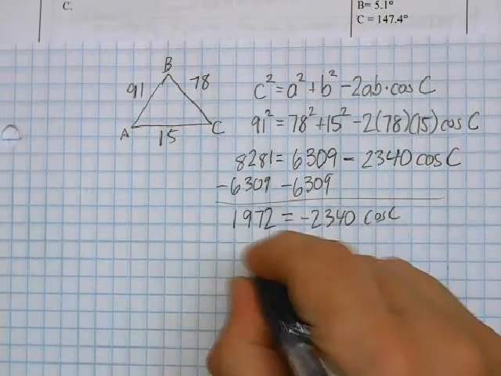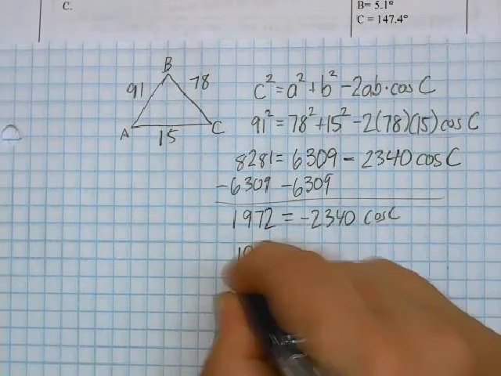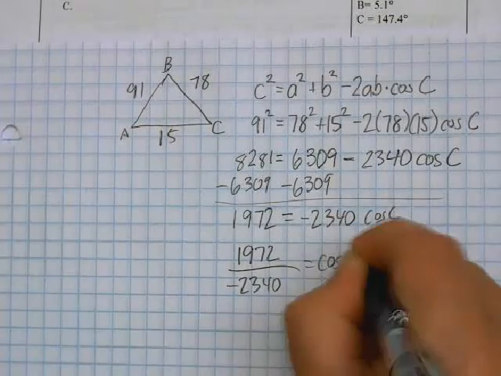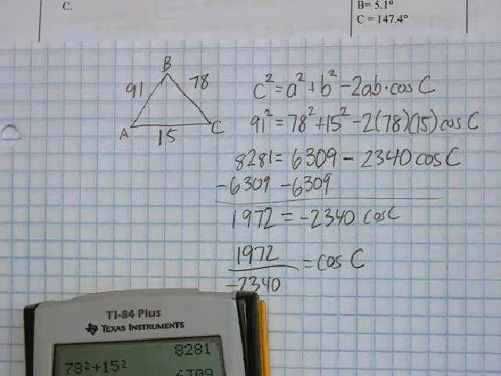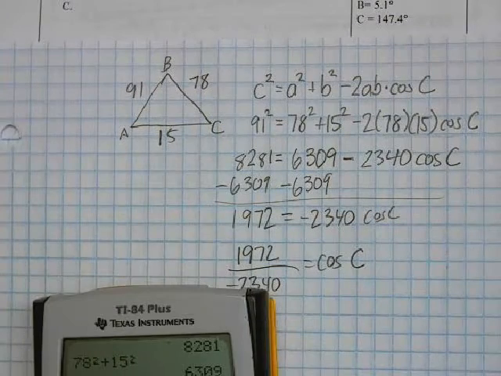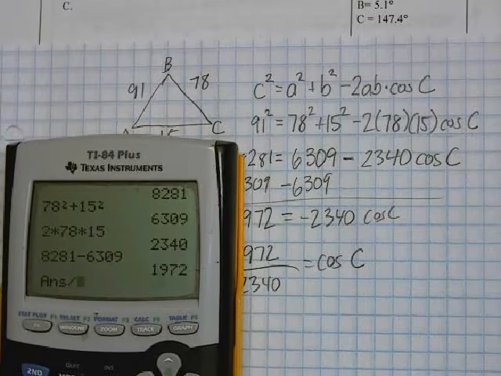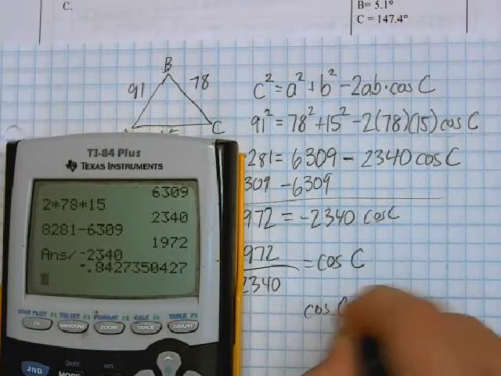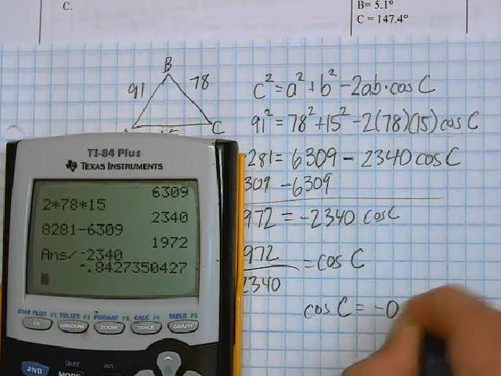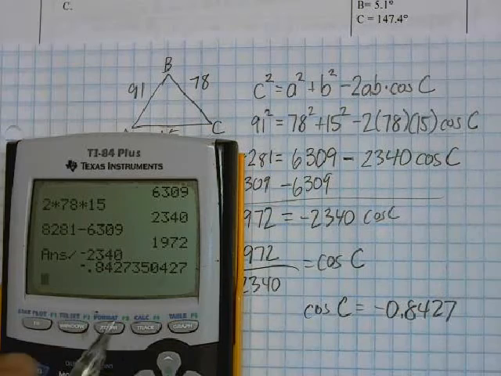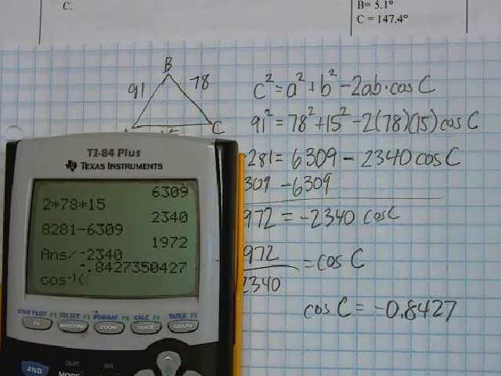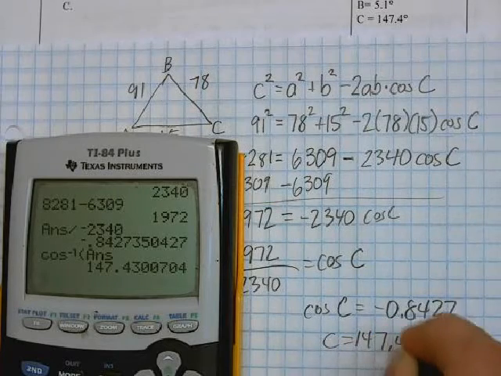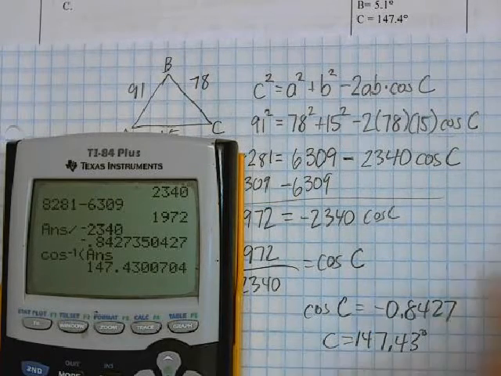Okay, then we'll divide both sides by the negative 2,340. So we take the arc cosine to find the angle, and C is 147.43 degrees.